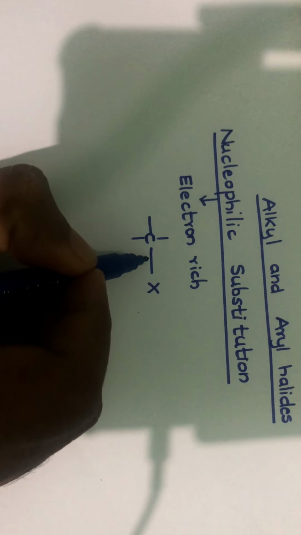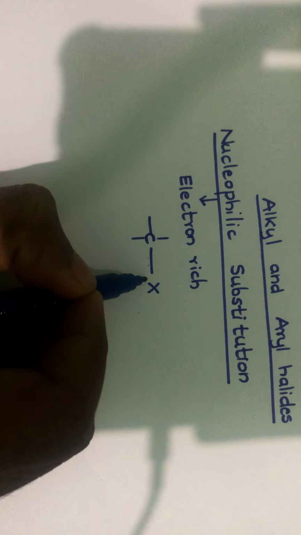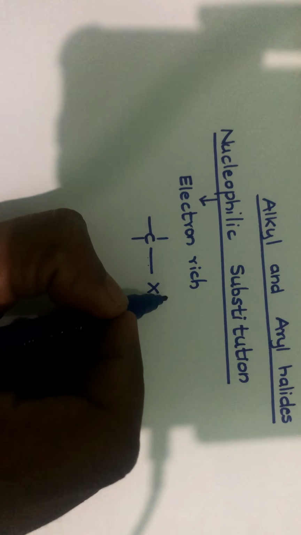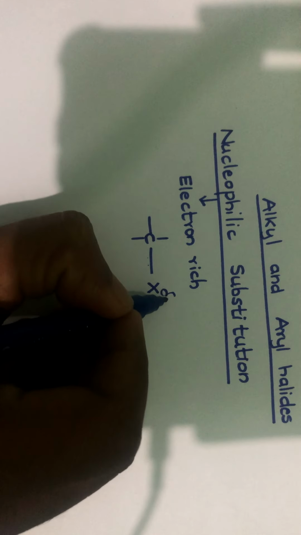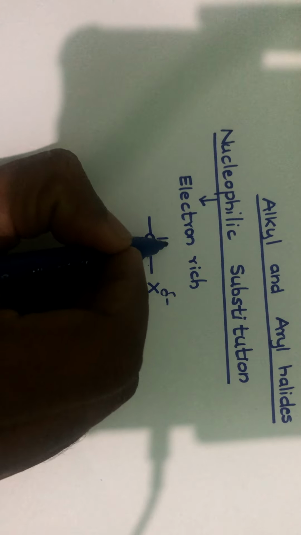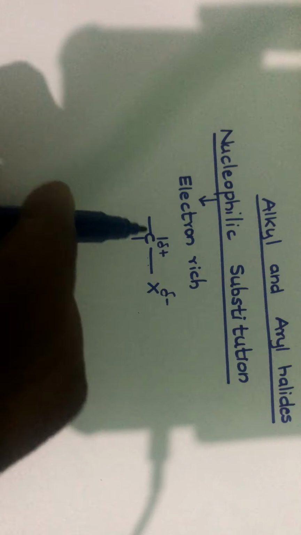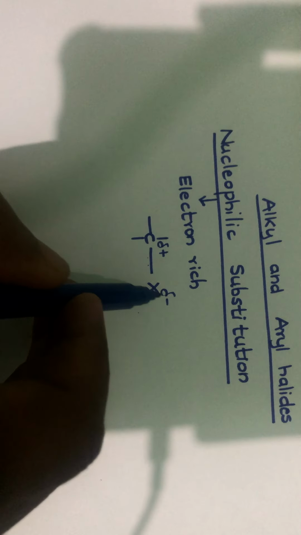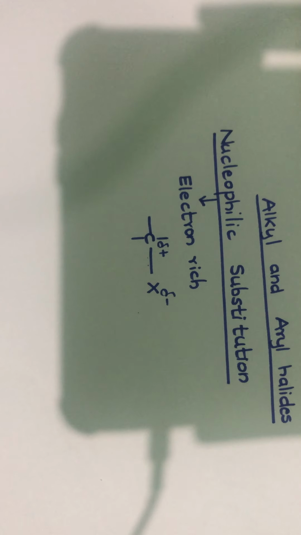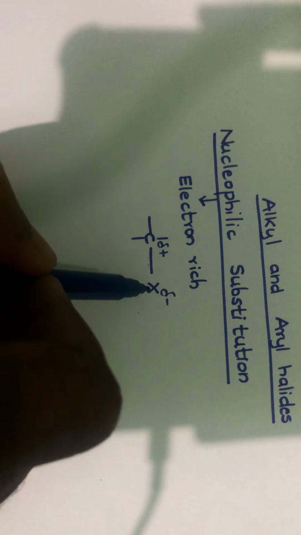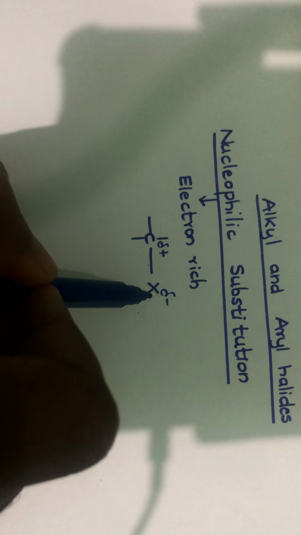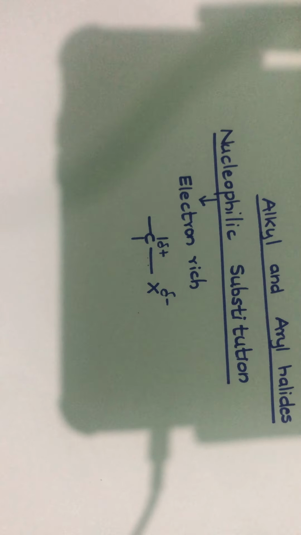As a result, the shared pair of electrons gets slightly displaced towards the halogen atom. So the halogen acquires a slight negative charge and the carbon acquires a slight positive charge. So the carbon halogen bond in an alkyl halide is polar, and the polarity is due to the higher electronegativity of the halogen atom as compared to carbon.